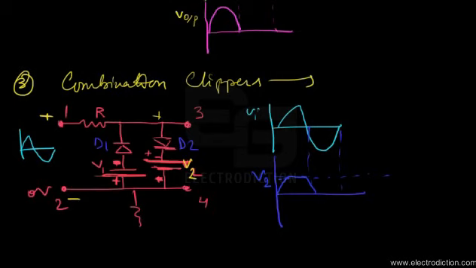And now when the second half arrives, the polarity at terminals 1 and 2 changes. The polarity at terminal 1 becomes negative, and that at terminal 2 becomes comparatively positive with respect to terminal 1. So we have diode D1 forward biased, and therefore the cell connected with it, having a potential of V1, is shorted to terminal 3.